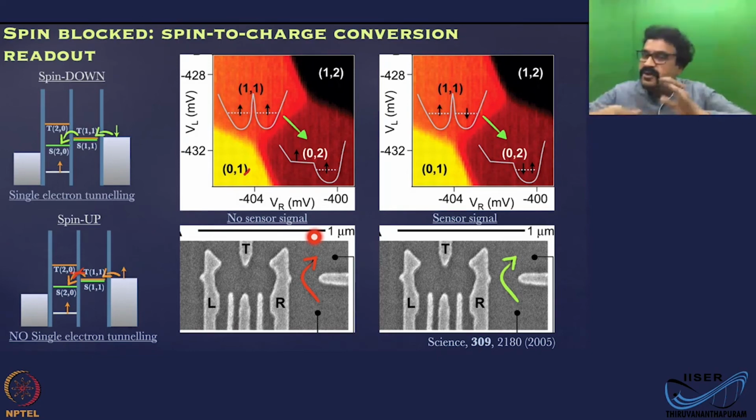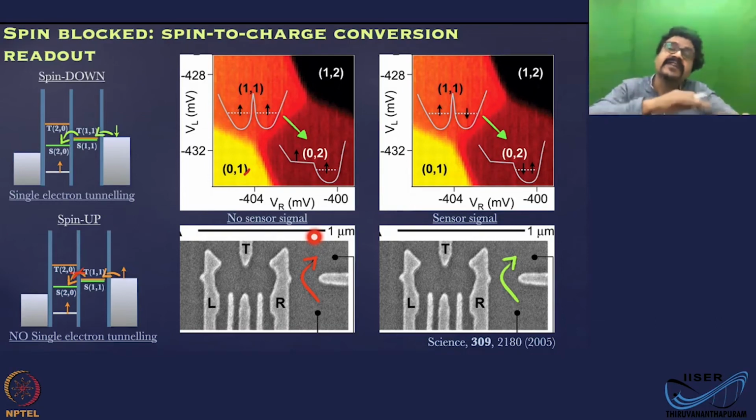So you do your operation, and if finally you want to know what is the state, you just do this transition and look at the signal from the sensor. If it is saying, okay, I have a 0-2 state, then it's a singlet. If it is saying, no, you don't have a 0-2 state, then it's a triplet. So that's the spin to charge conversion technique which is used to measure the 0 and 1 states of a singlet triplet qubit.